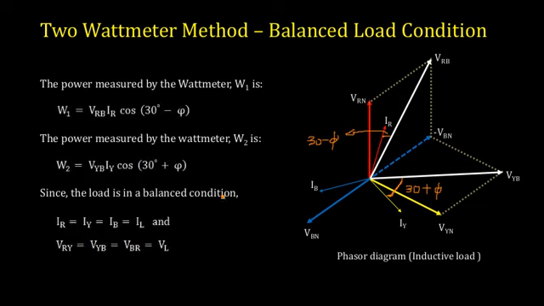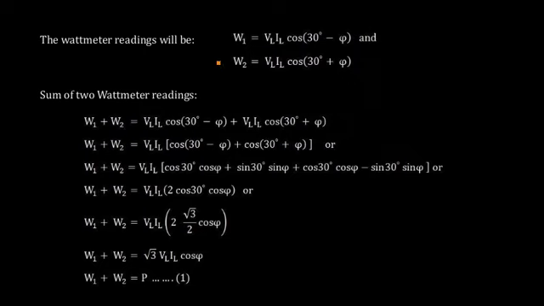Now since the load is under balance condition, IR equal to IY equal to IB equal to IL, and VRY, VYB, VBR are equal to VL, which is the line voltage. Now the wattmeter readings will be the ones which we already established. Now if you take the sum of the wattmeters, what you will get? VLIL cos 30 minus 5 plus VLIL cos 30 plus 5.